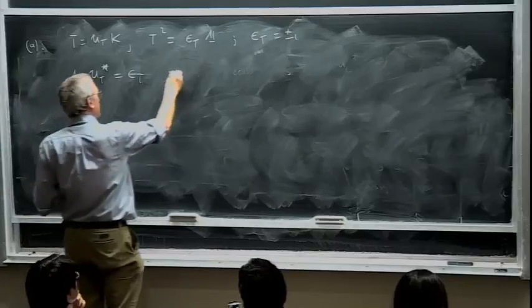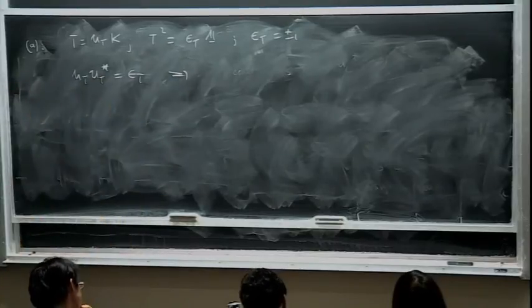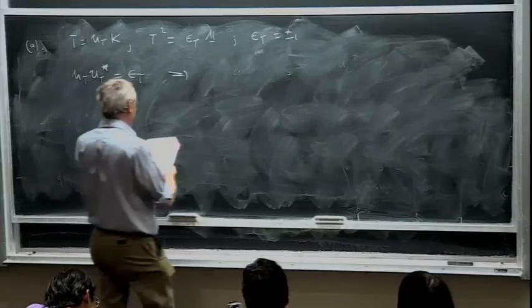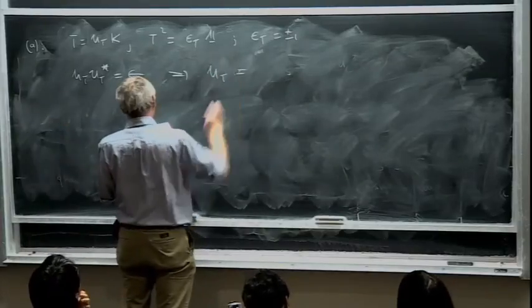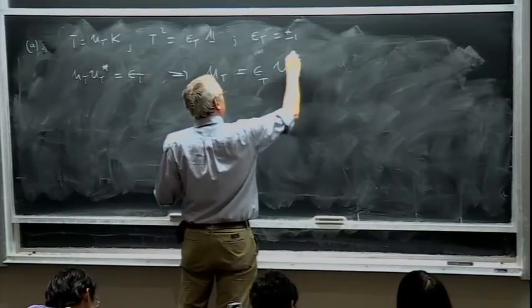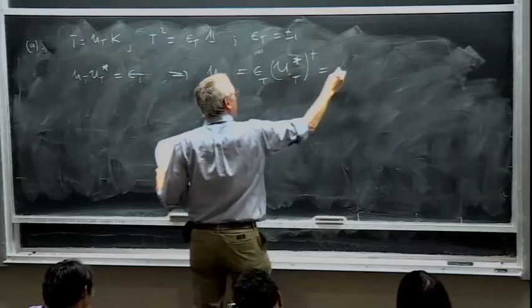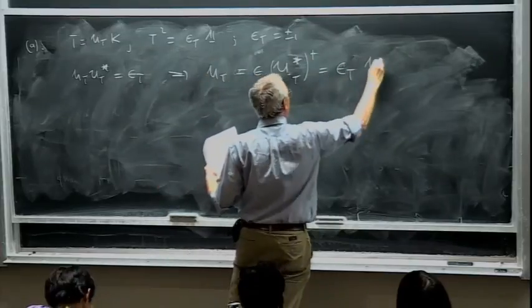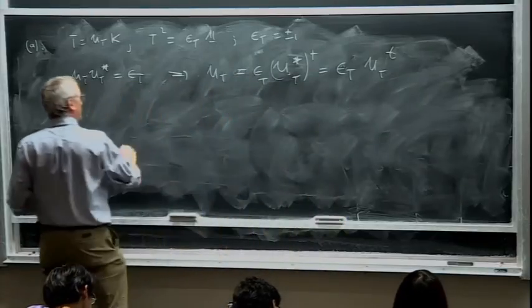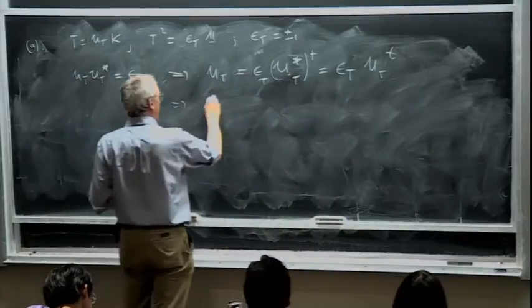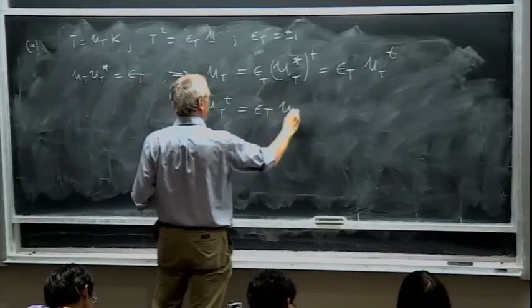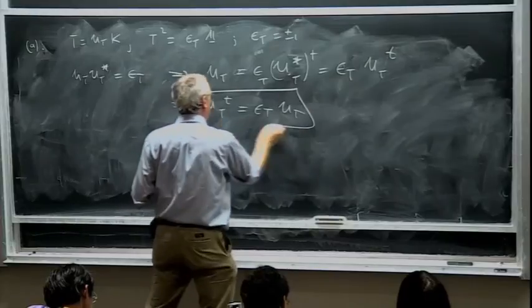So if we multiply both sides of the equation with UT star dagger, we find that UT is epsilon T UT star dagger, which is epsilon T UT transposed, which means that UT transposed is epsilon T times UT.